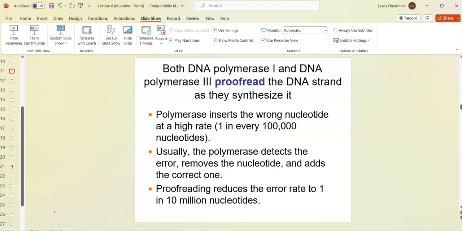Okay, so DNA polymerase 1 and polymerase 3 both have exonucleolytic activities, so they can go back and replace incorrectly incorporated nucleotides. This is for eukaryotes. Prokaryotes have a higher rate of this because they don't really care about mutation that much because they're making thousands of offspring.